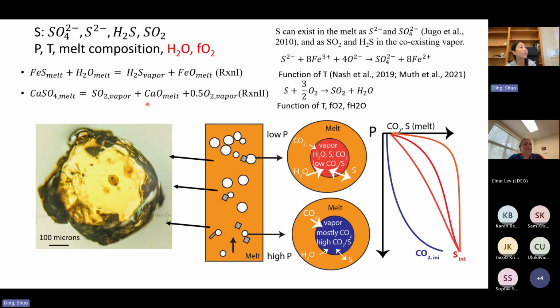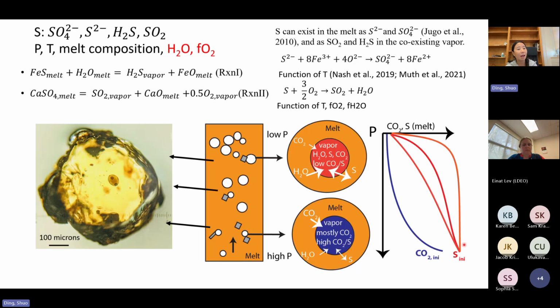The second reaction also involves a redox change, from S6+ degassing into S4+. This is important because we have now realized that sulfur degassing might have played an important role in the redox evolution of magma.